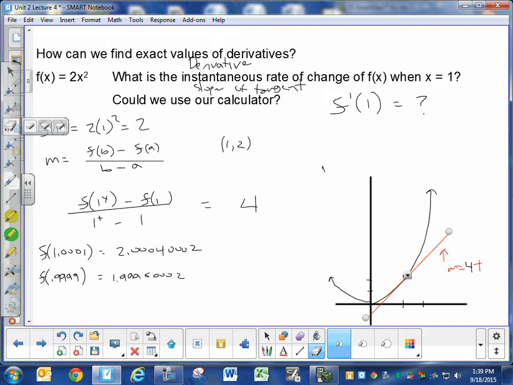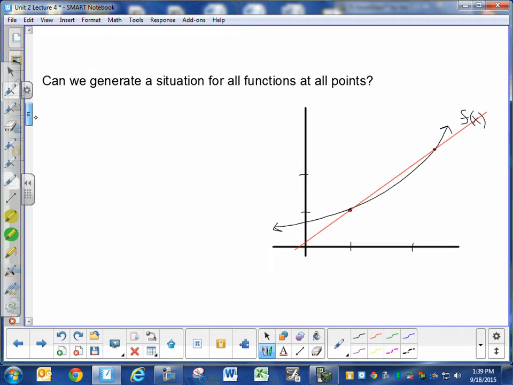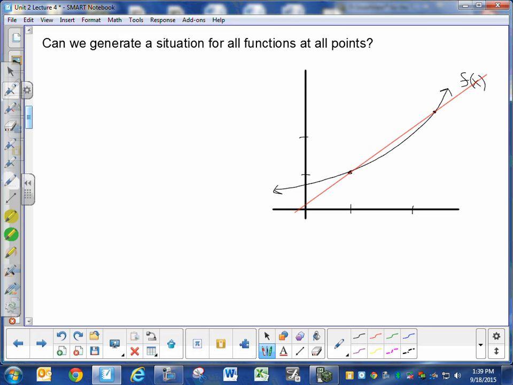So let's generalize this situation. Can we come up with some sort of formula to help us do this without using a calculator, okay? So here's our situation. I have a random function. It could look like anything, okay? And I have two random points, and connecting them is a secant line.